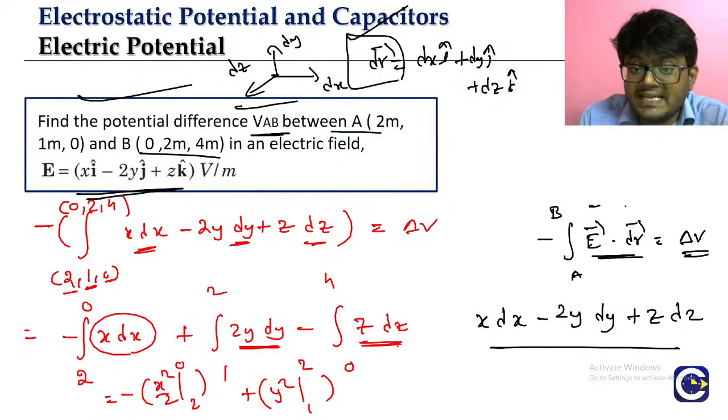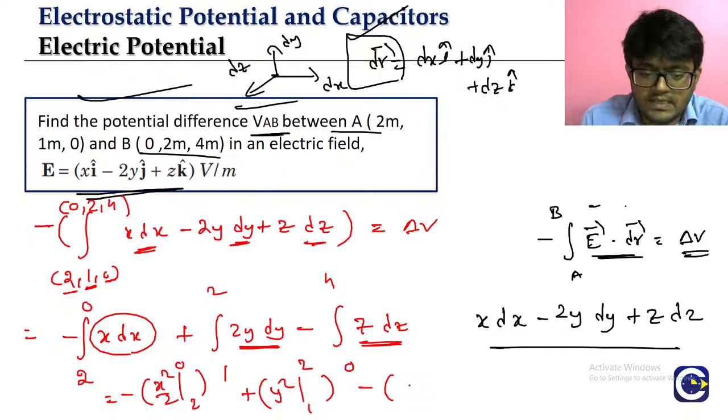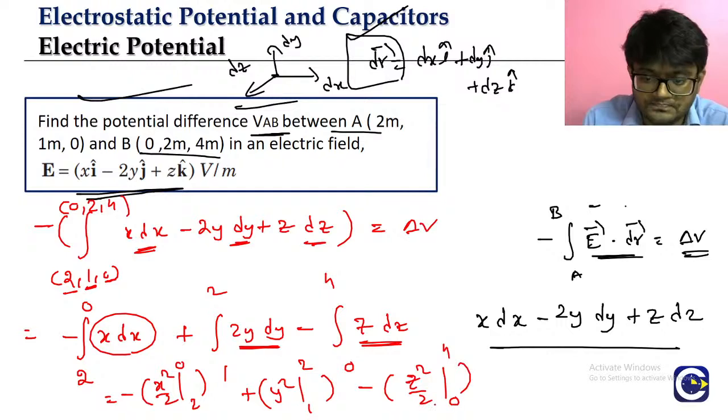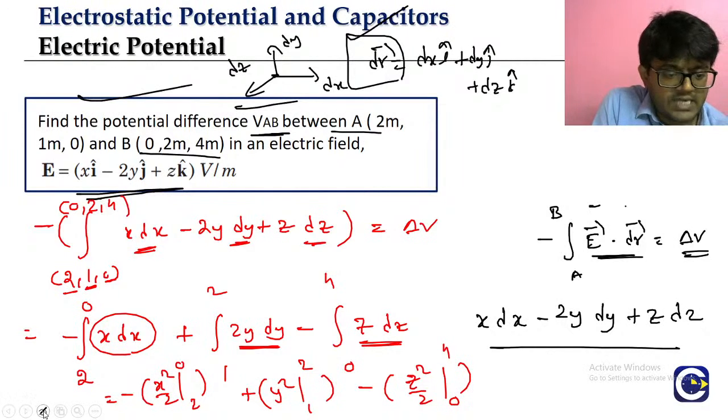Then z dz, which is z square by 2, so minus z square by 2, with limits 0 to 4. Now we need to simplify with the final and initial limits, that's all. If we do that, we'll get the answer.